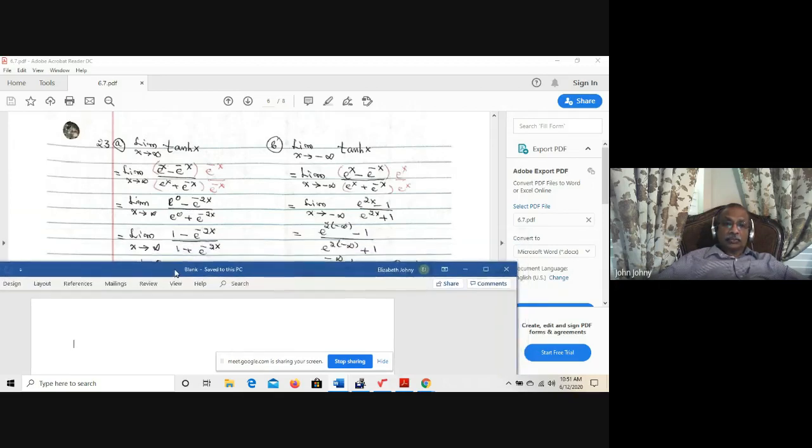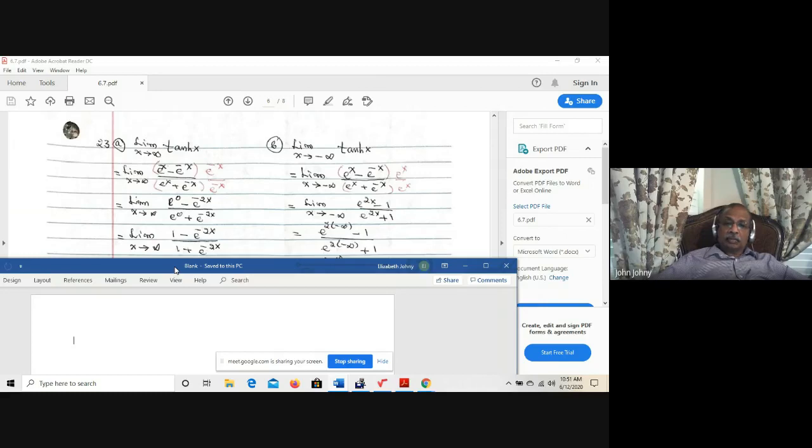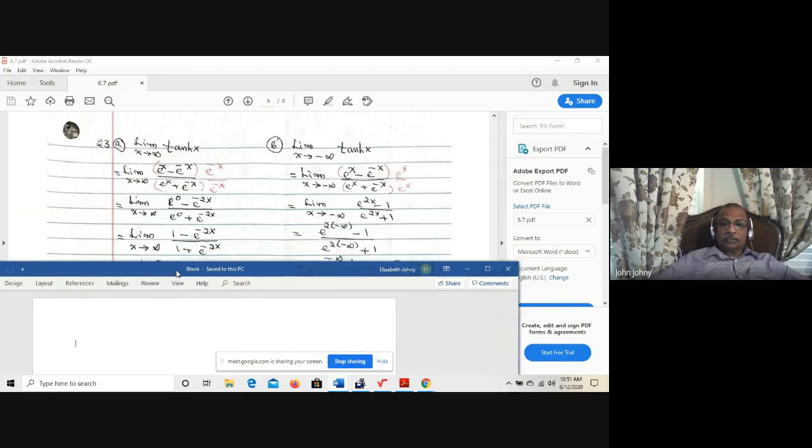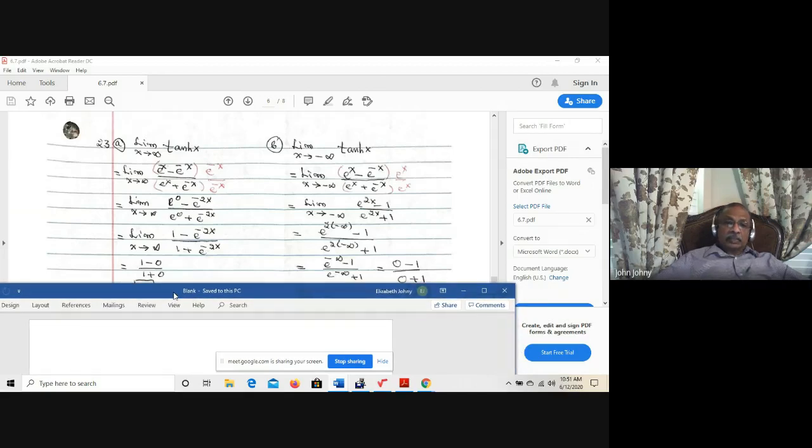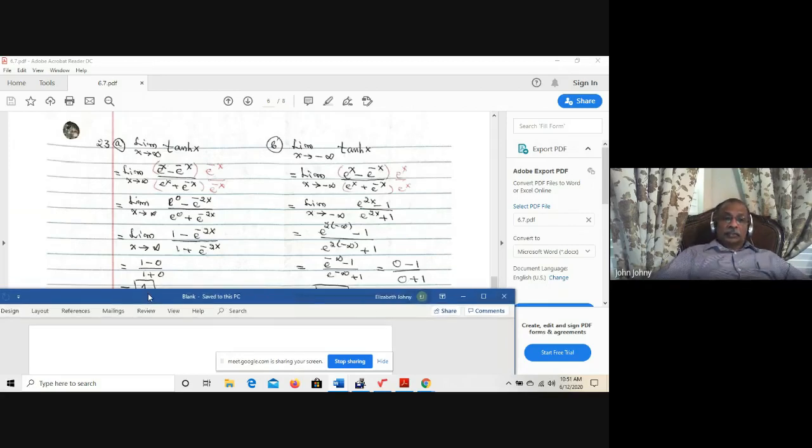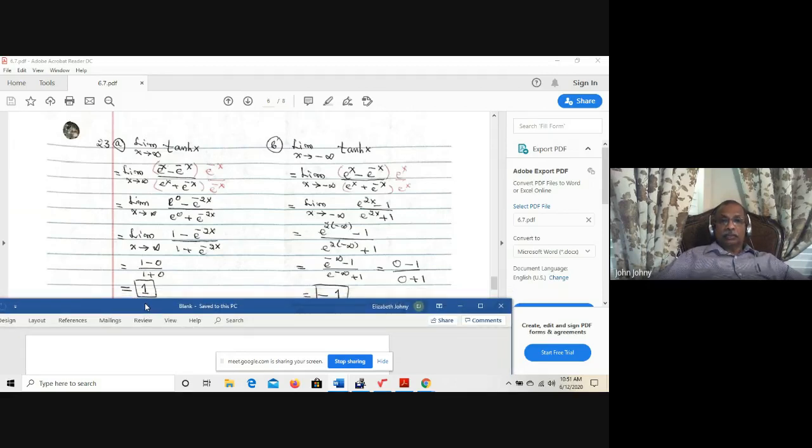E to the 0 is 1. So it is 1 minus e to the negative 2x divided by 1 plus e to the negative 2x. E to the negative infinity is 0. So this becomes 1 minus 0 divided by 1 plus 0. That's equal to 1.